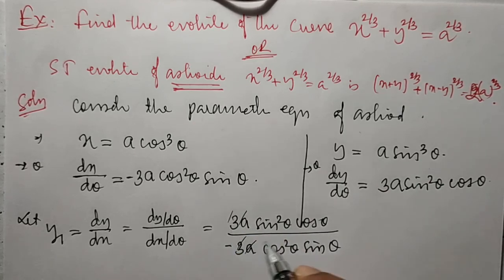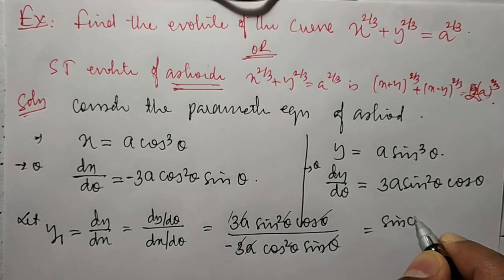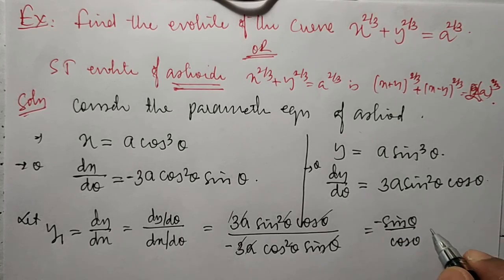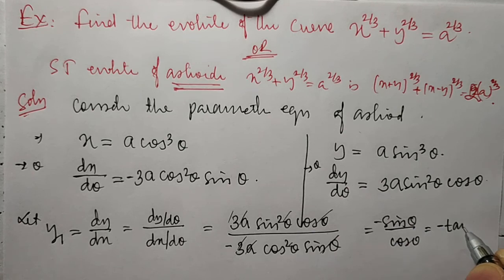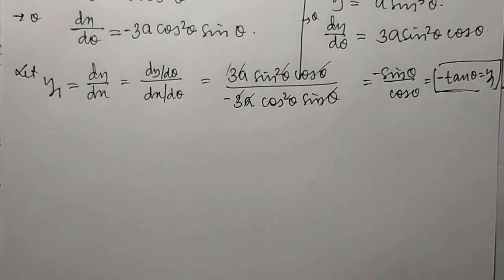One sine cancels, cos also cancels. Then what remains is sine theta by cos theta along with the minus sign. Therefore y1 is equal to minus tan theta.